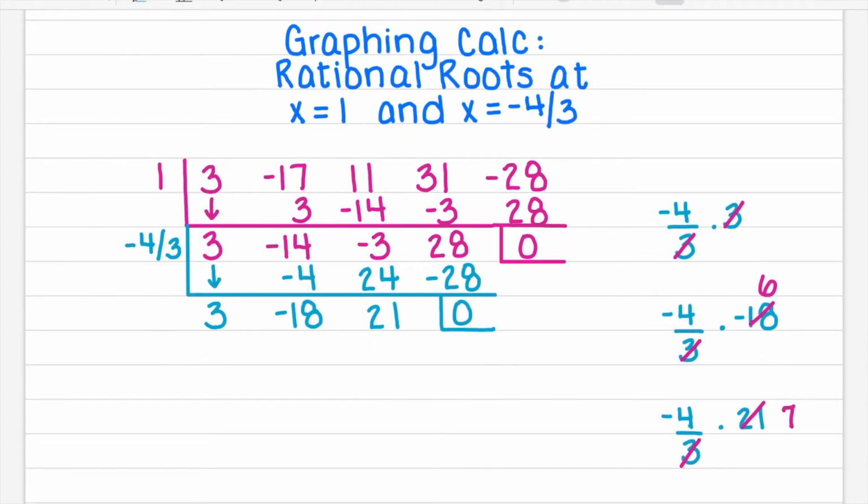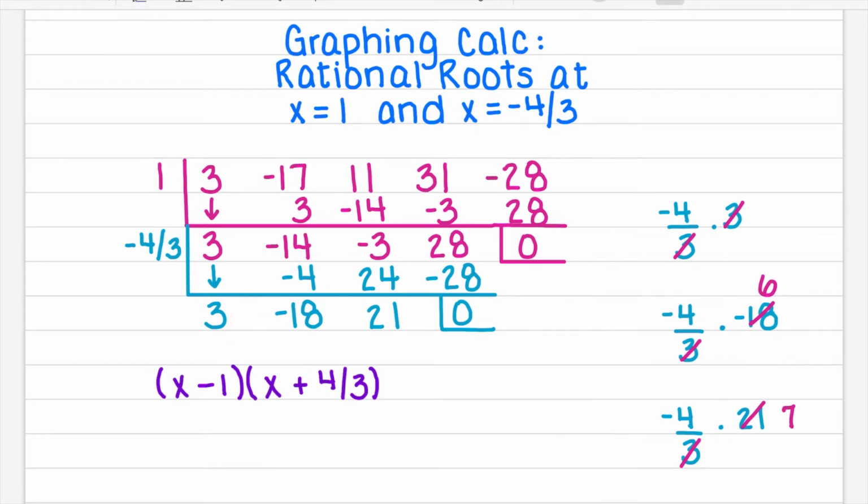So I'm going to write x minus 1 in parentheses, x plus 4/3 in parentheses, and then I'm going to bring down basically my depressed equation, and because we divided twice, this is now an x squared.